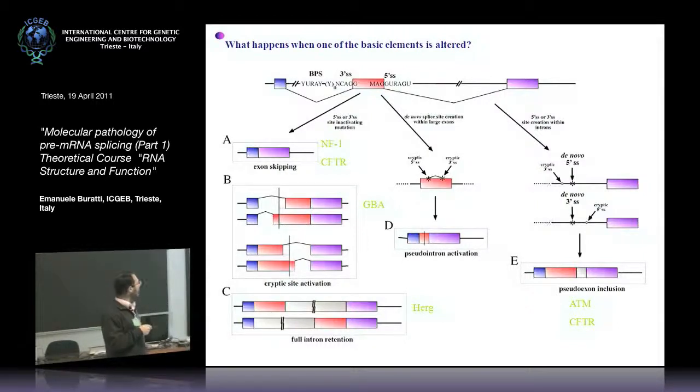And when they create new 5' or 3' splice sites, very often the splicing machinery is able to pick some cryptic splice sites around this de novo splice site, and ends up including an intronic part of the intron that is now called a pseudoexon. These pseudoexons, of course, very often end up introducing again stop codons, changing the reading frame, and so on, and so they disrupt the functionality of the protein.